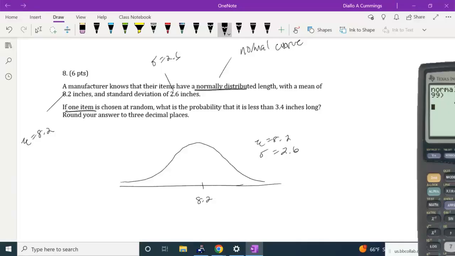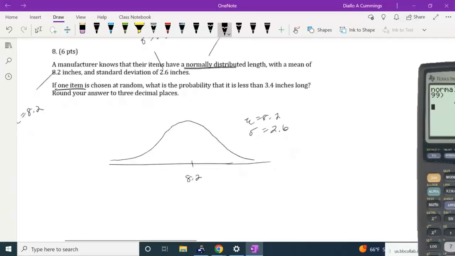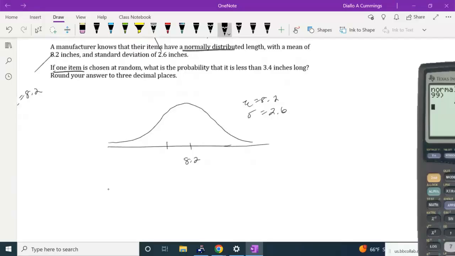We want to find the probability that it's less than 3.4. So I'm going to guesstimate 3.4 on my curve, right, which is somewhere to the left of the mean. And we want to find the area to the left.